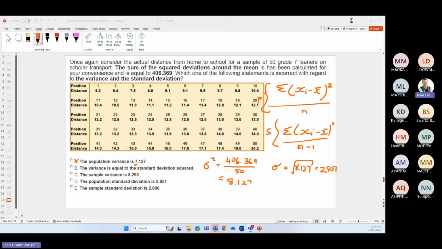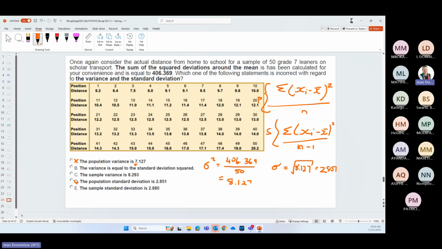Okay, so there's your population standard deviation. That is correct. We are looking for the incorrect one. So there we have the incorrect one already. But again, I want to show you guys all of them.